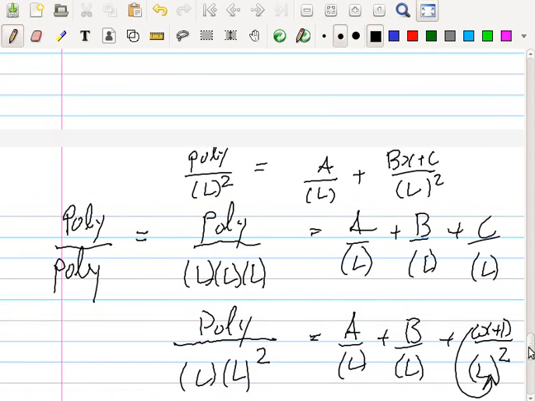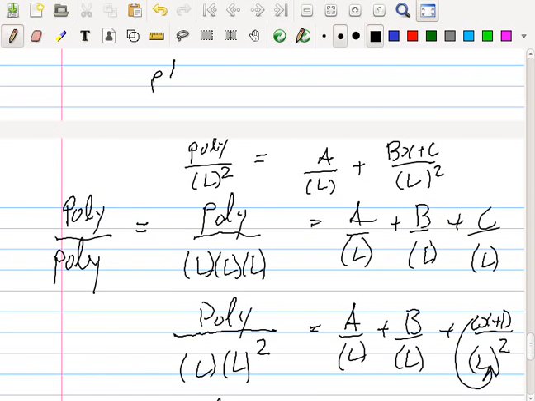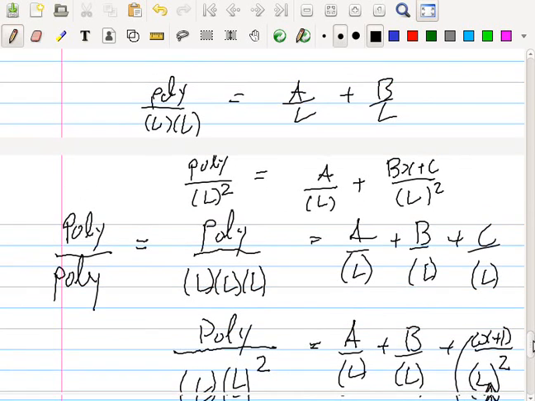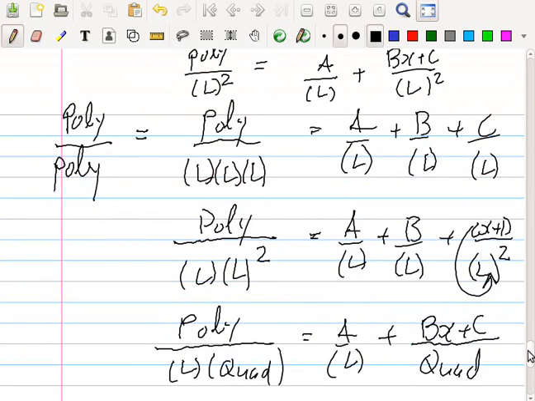And the last one, which I didn't write down, which is probably the easiest one, which is a polynomial over a linear by a linear. So that would be a over linear plus b over linear, but that's kind of the basic case. So there's really 5 situations now, I guess. Your quadratic that has 1 solution, or your quadratic that has 2 solutions.